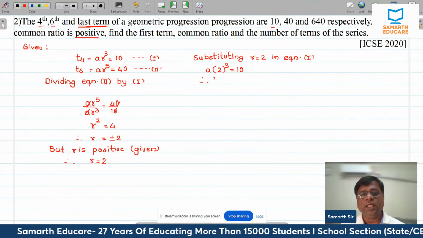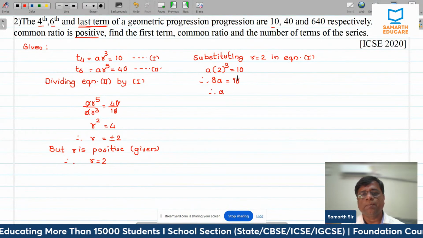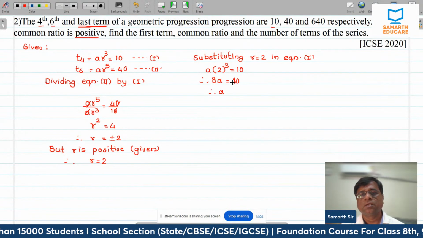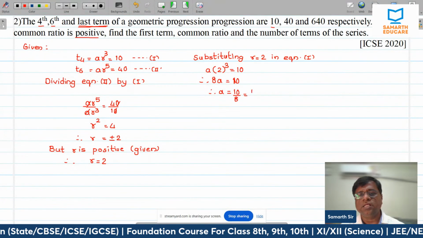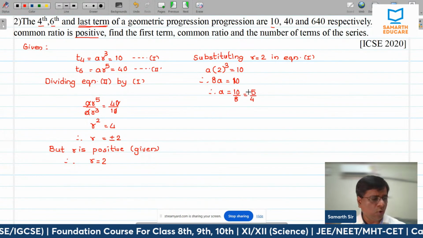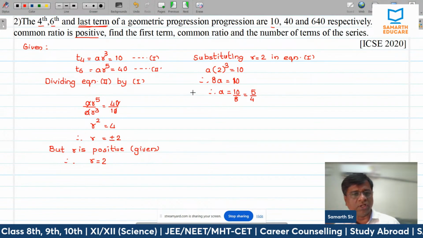That means 8a is equal to 10, and the value of a is 10 upon 8, which is equal to 5 upon 4. You can also write it as 1.25. It is your choice. Right now I'm not writing it, not required.